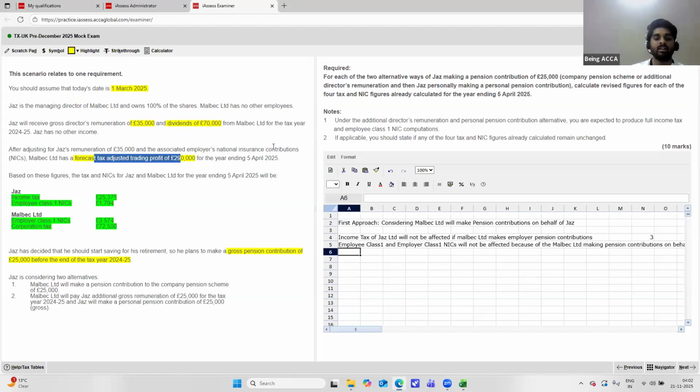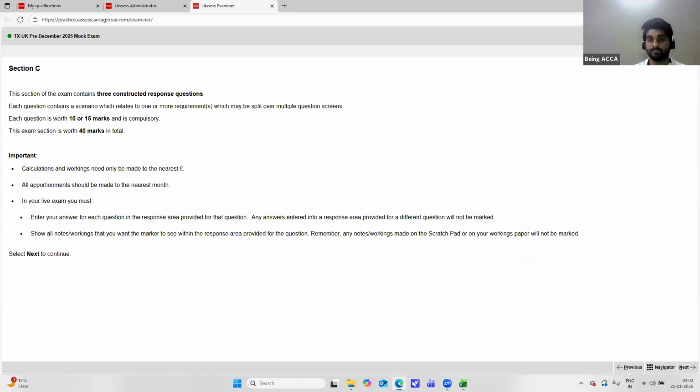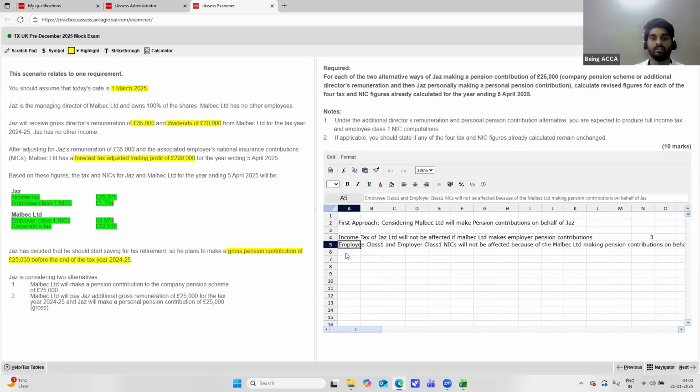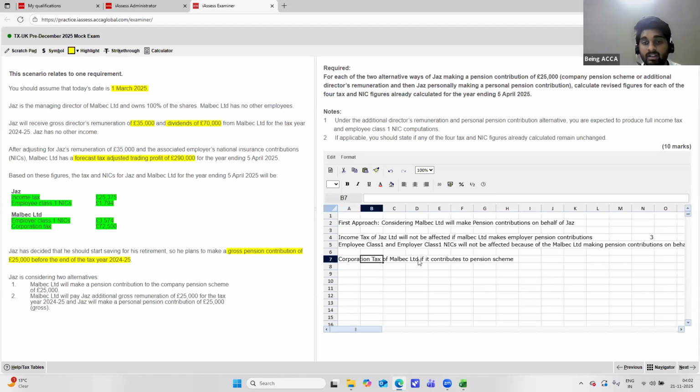So because of that, corporation tax of Malbec Limited, if it contributes to the pension scheme, how would you calculate that?